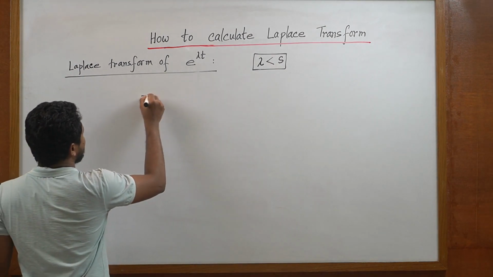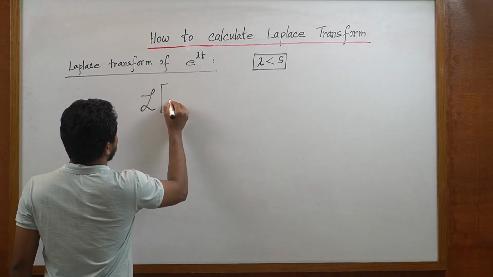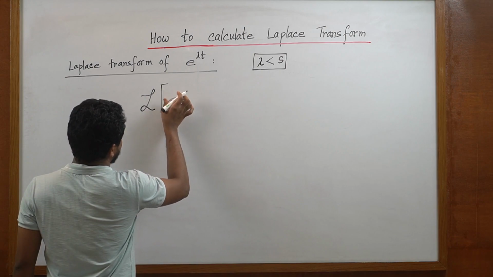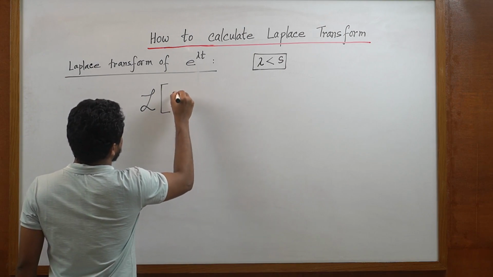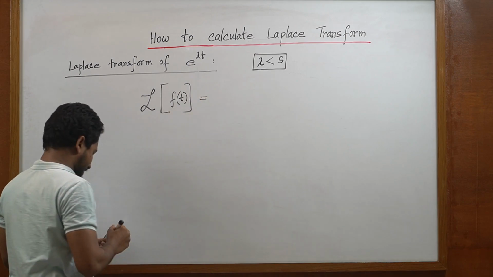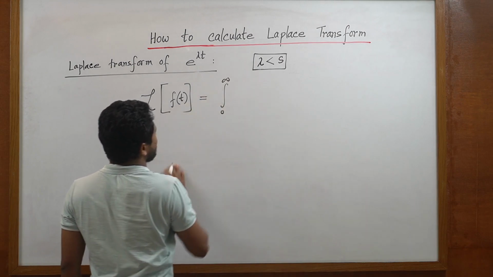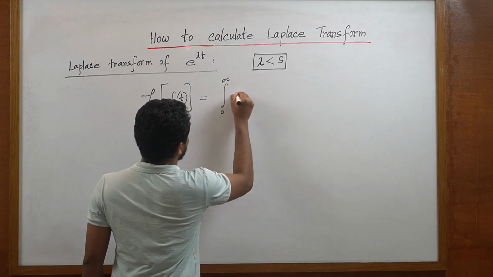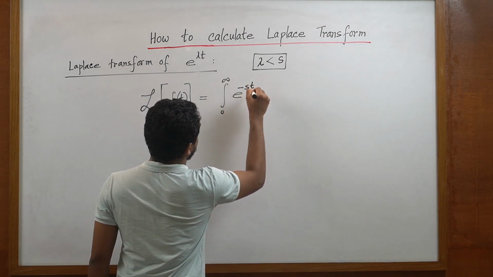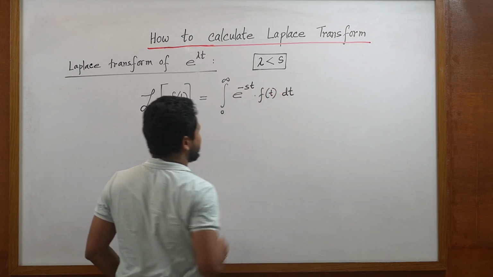Now we will start with the Laplace transform of e to the power lambda t. First we will write the Laplace transform of f of t equals the integral from 0 to infinity of e to the power minus st into f of t with respect to t.